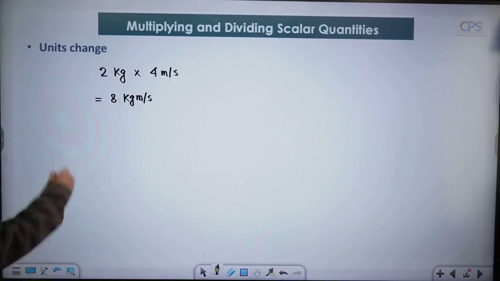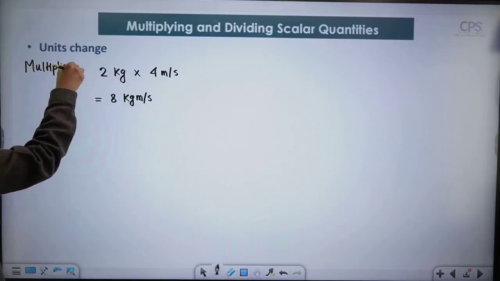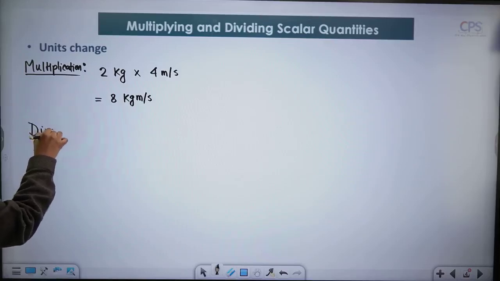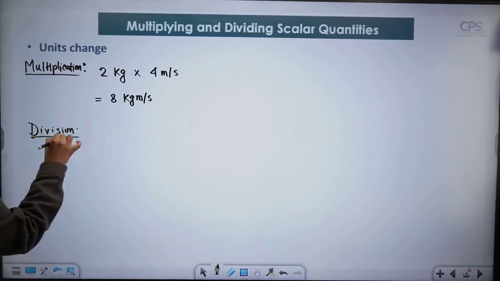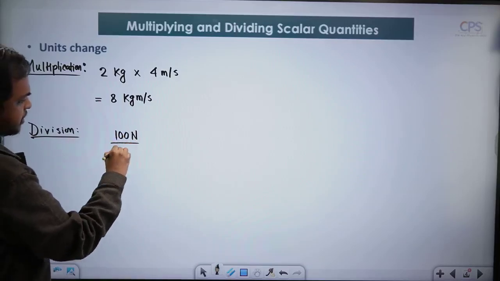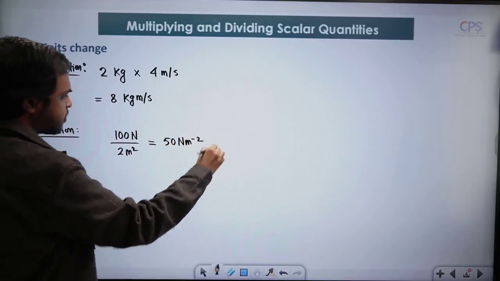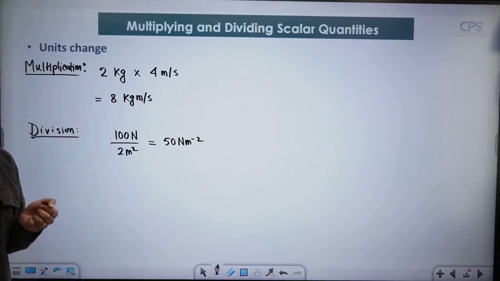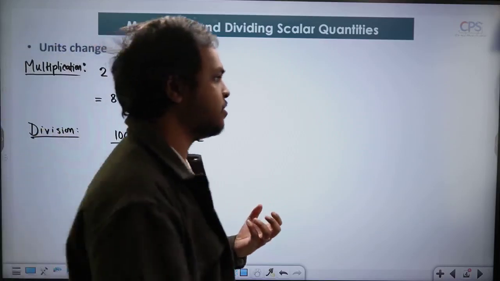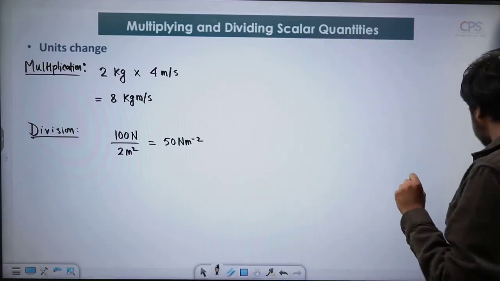So units change while multiplying, and also in division. If you divide 100 Newton by 2 meter square, you will get 50 Newton per meter square, right? So multiplying or dividing scalar quantities will bring a change in the unit. Of course it will, but addition and subtraction will not.